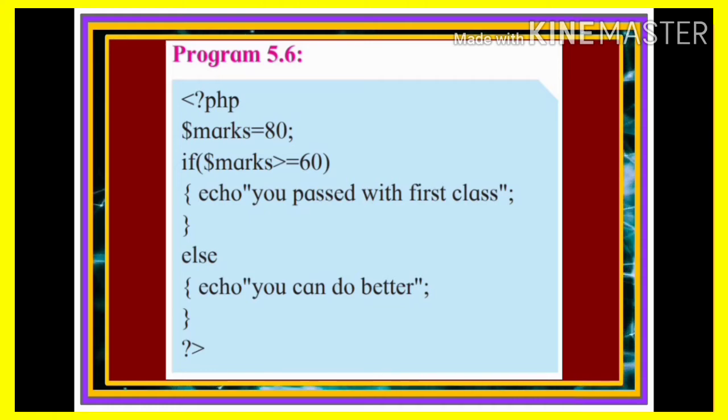In the next line, write else. In the statement block, write in curly braces echo, in double quotes write you can do better, double quote complete, semicolon. And in the next line, close PHP by using question mark greater than sign. Save the program and execute on the browser.